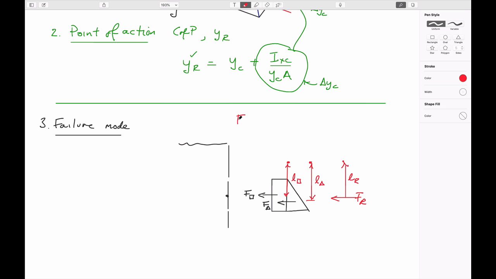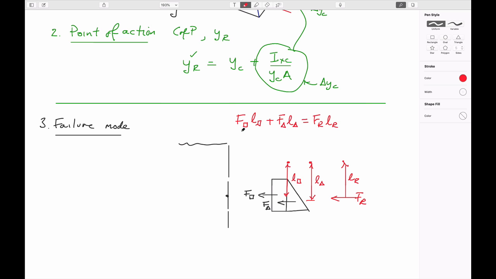So the prismatic distribution multiplied by L prismatic plus the triangular distribution multiplied by the lever arm has to be equal to the resultant force multiplied by the location of the resultant.